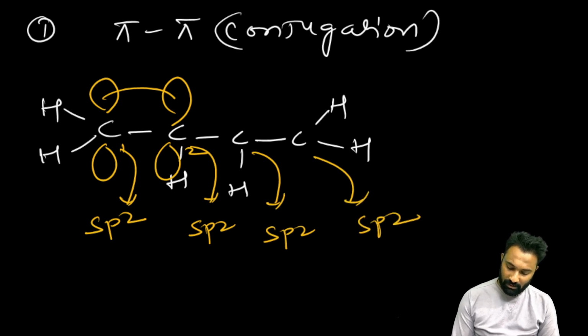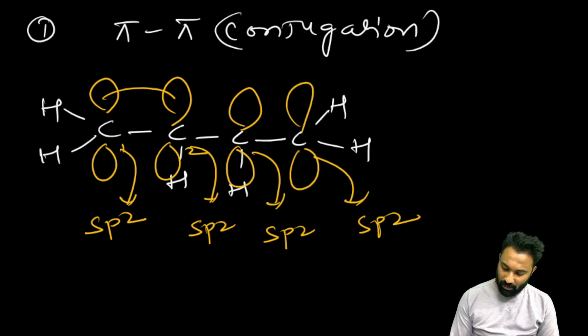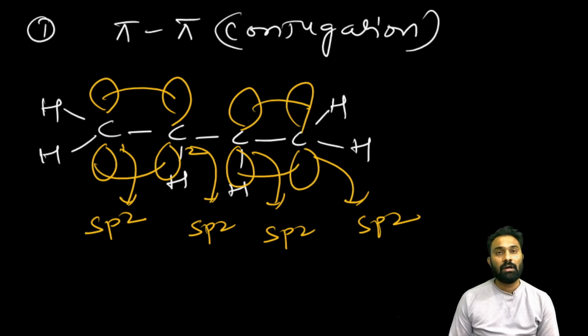Now here also, whatever pi bond has been formed, that pi bond is formed due to the pure p orbital, right? Clear? Now what is the one key point I said? For any compound to show delocalization, first all the carbon atoms should be in the same plane.